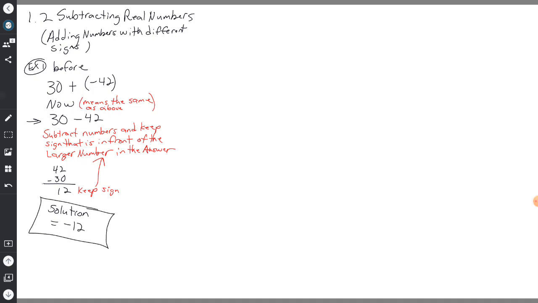So the solution is negative 12. The sign in front of the larger number is negative here. That okay?